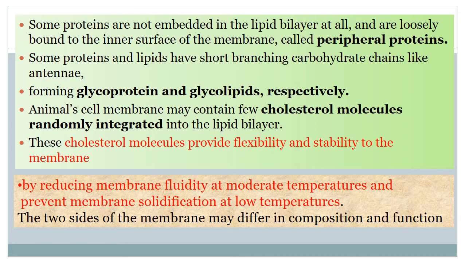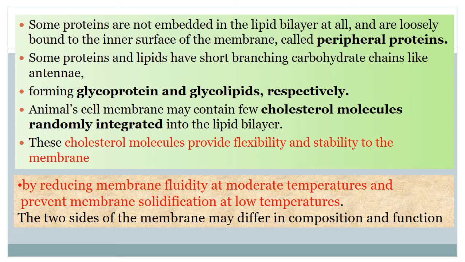Some proteins are not embedded in the lipid bilayer at all and are loosely bound to the inner surface of the membrane, called peripheral proteins. We've seen all this in the previous slide. Some proteins and lipids have short branching carbohydrate chains like antennae, forming glycoproteins and glycolipids, and animal cell membranes may contain cholesterol molecules randomly integrated in the lipid bilayer.